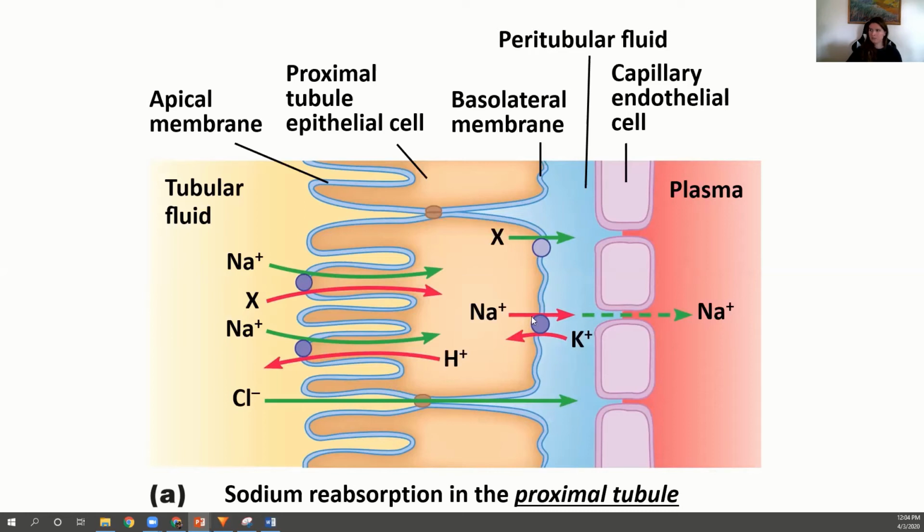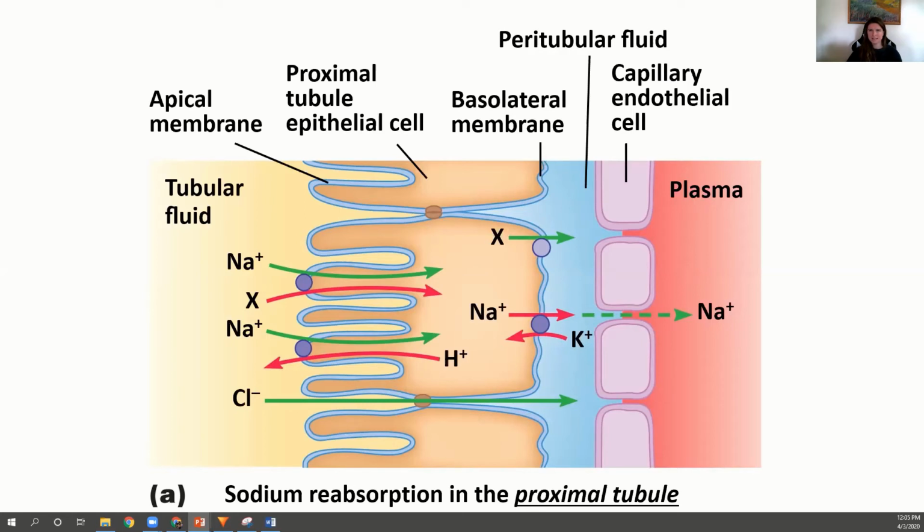Okay, so the first part of regulating the sodium balance and also the potassium balance, even though we're not regulating it with hormones here, I'm kind of just talking about how we're starting that reabsorption because we do have active transport happening even in the proximal tubules.